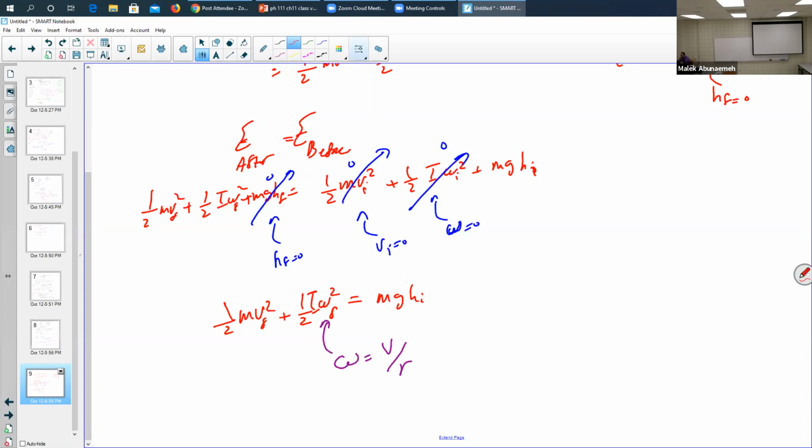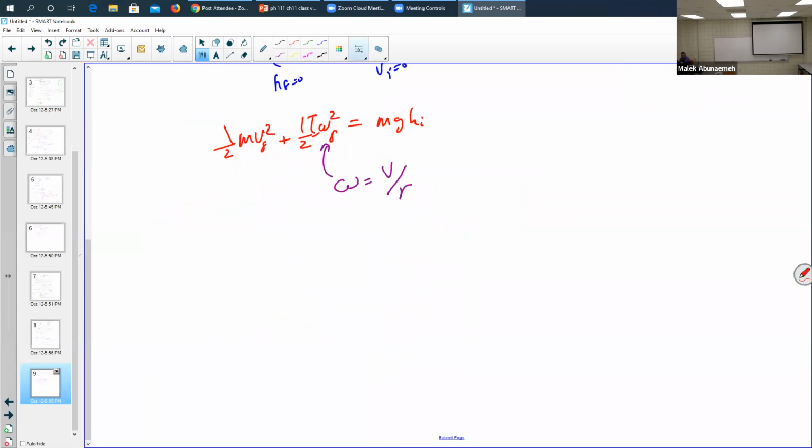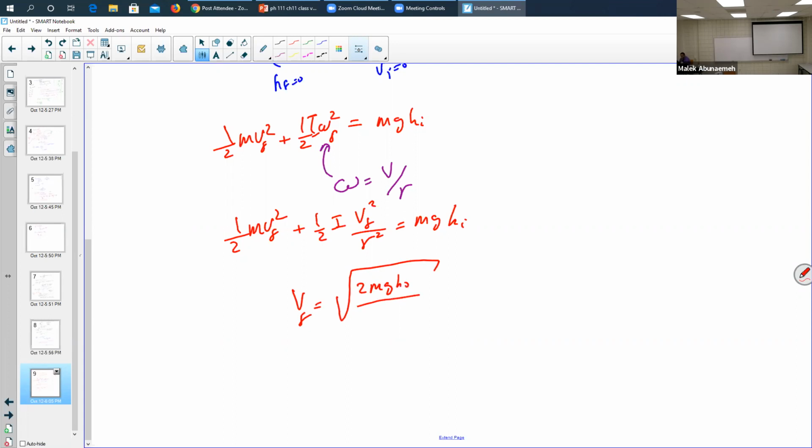That means 1/2 m v final squared plus 1/2 I, and instead of omega, we're going to put v, your final velocity, divided by your radius. This is squared, and this is squared. It's going to equal m g h initial. That means your final velocity is going to equal 2 m g h naught divided by m plus I over r squared.